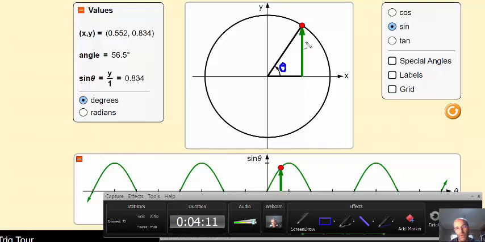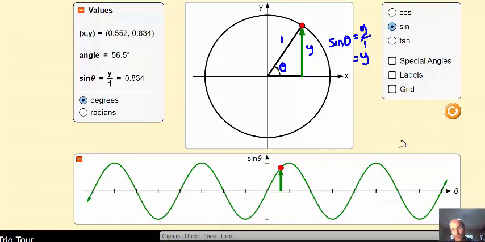we've got sine theta is opposite over hypotenuse. So sine theta is y over 1, which is just y. So remember that. Later when we do cos, remember cos is just adjacent over hypotenuse.